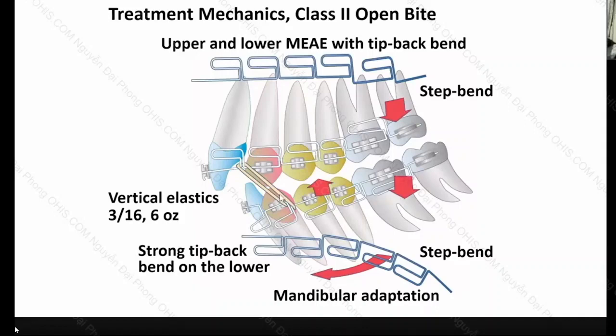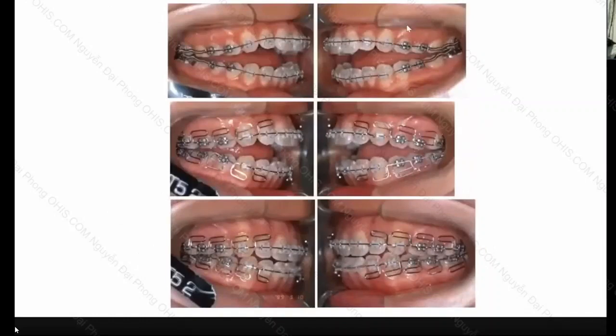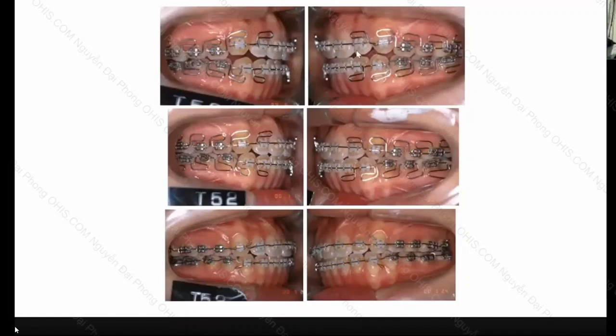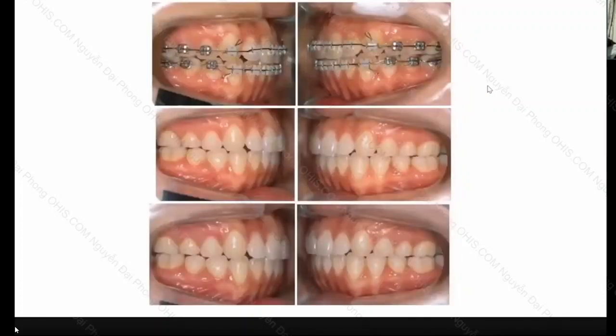Okay. Then start treatment, then leveling, multi-loop, then start changing the occlusal plane, the anterior bite is slowly closing, then, okay, almost good, finish. This is a follow-up, but no tendency to the bite opening again.